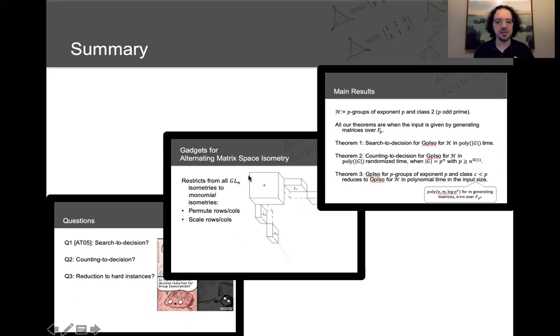So we built gadgets that allow us to restrict to the monomial group, to the diagonal subgroup, and the previous reductions for our third theorem use gadgets for sort of related purposes. And on all 3 of these questions, search to decision, counting to decision, and reduction to hard instances, we make progress using this viewpoint of tensors.